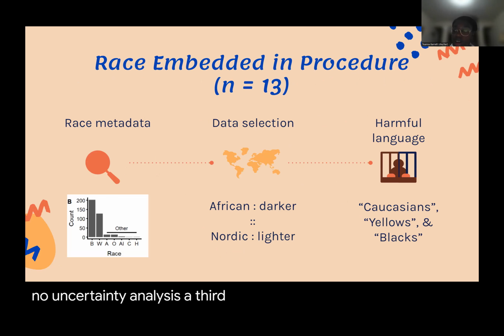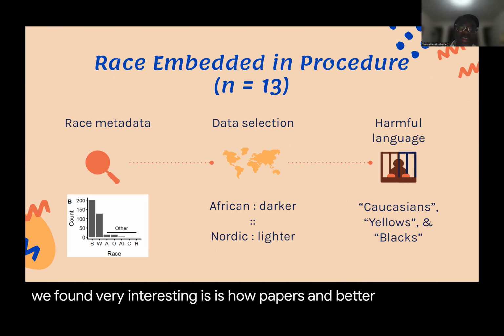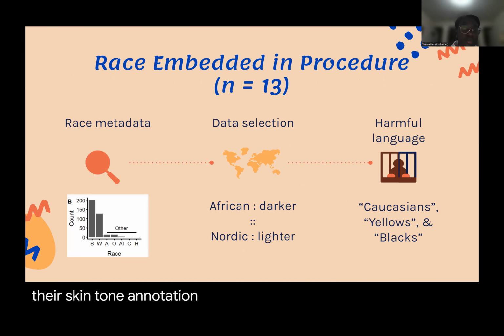A third orthogonal category that arose, which we found very interesting, is how papers embedded race in their skin tone annotation procedure.